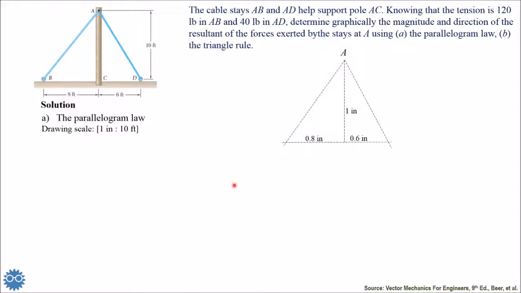At the very beginning, we construct the shape to scale, because it's very important to draw the angles exactly. So here we don't have angles given as numbers, but we have vertical and horizontal dimensions. So that's why we should draw them correctly.